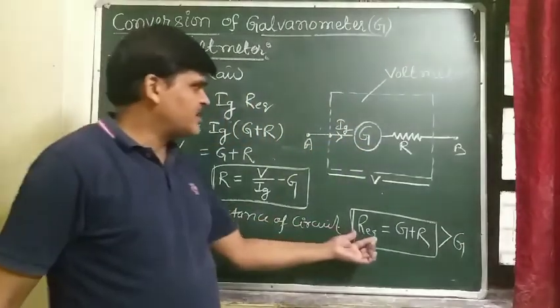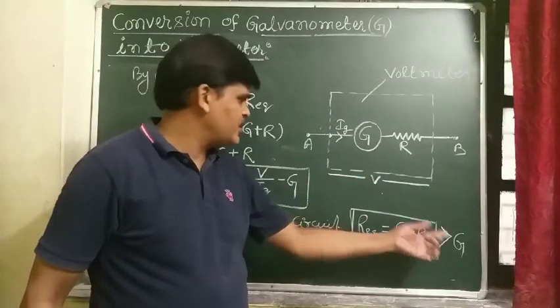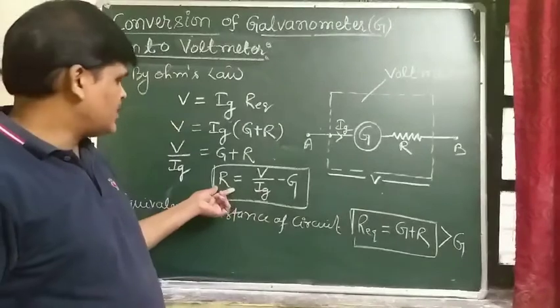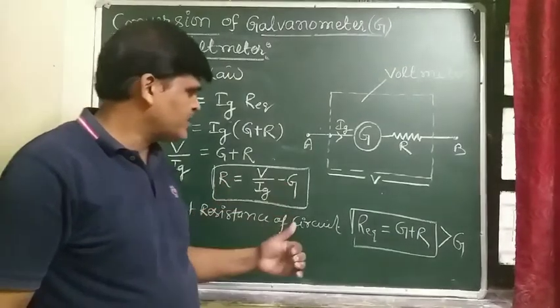So the equivalent resistance of the voltmeter comes out to be Re equals G plus R, greater than G, and the high resistance can be calculated as R equals V by Ig minus G.